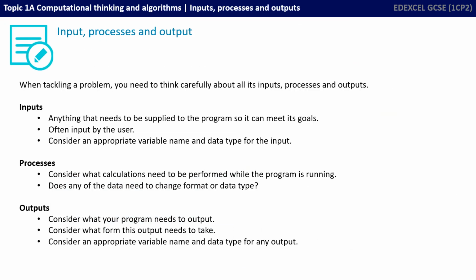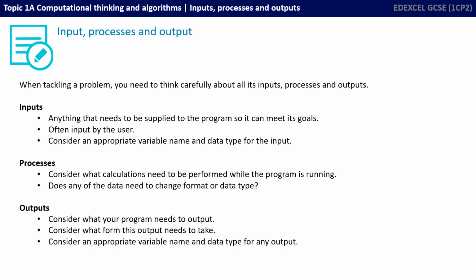So as a recap, when tackling a problem, you need to think carefully about all the inputs, processes, and outputs for that problem. Inputs are anything which needs to be supplied to the program so it can meet its goals. These are often input by the user, and you should consider an appropriate variable name and a data type for the input to be stored in. Processes, you should be considering what calculations need to be performed while the program is running.